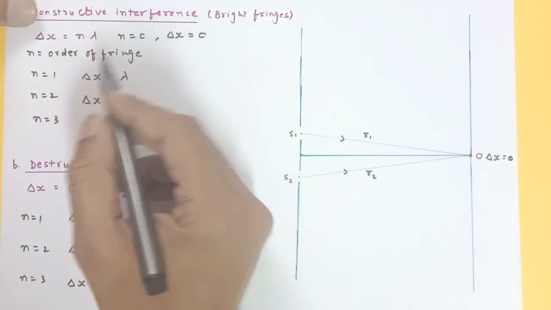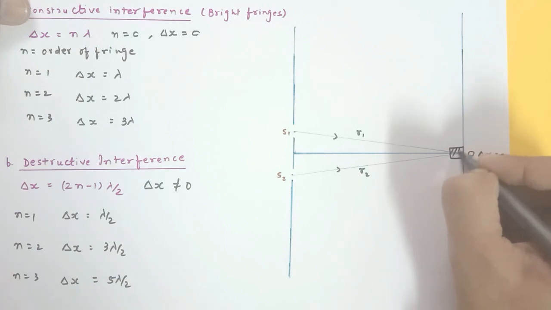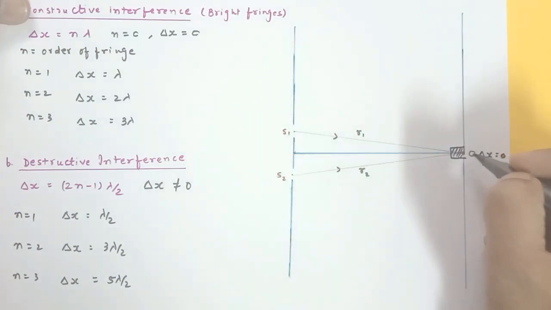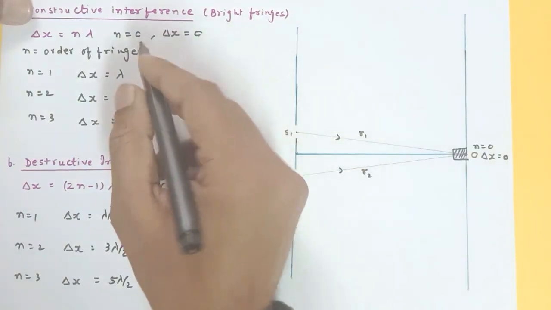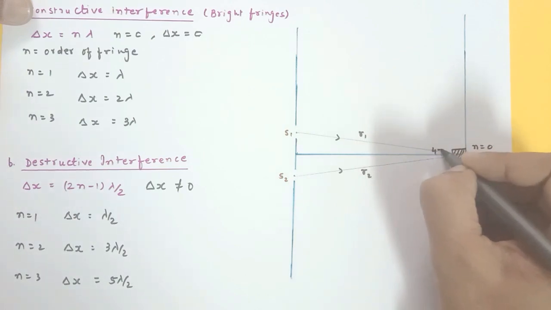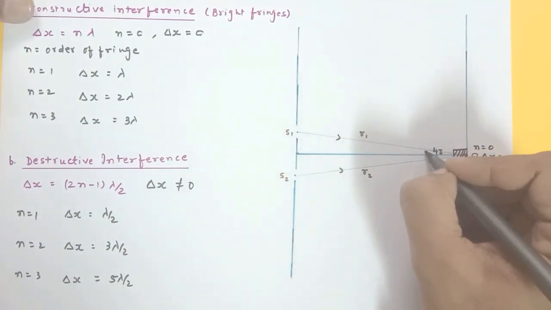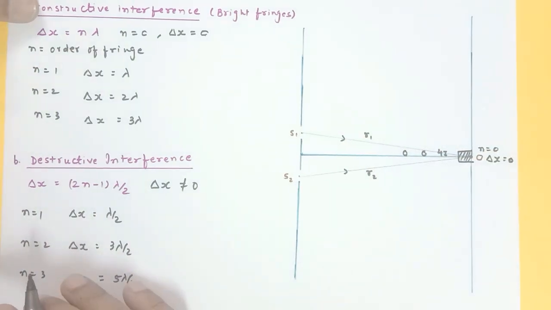So at n is equal to 0, we always have a central bright fringe. This is the bright fringe. This is the order of the fringe, and the intensity would be 4I, maximum intensity. Path difference is also 0, phase difference is also 0. Correct?